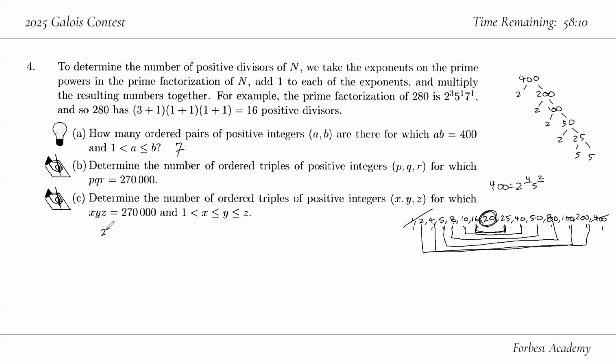270,000. Okay, so again, let's do our factor tree here. Might be here a while.